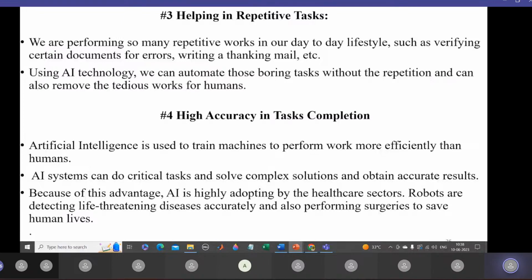Critical tasks, they can solve complex solutions. With that, they are able to obtain accurate results. And because of this advantage, AI is mostly used in healthcare sectors. Robots are detecting life-threatening diseases, and they are also performing surgeries to save human lives.